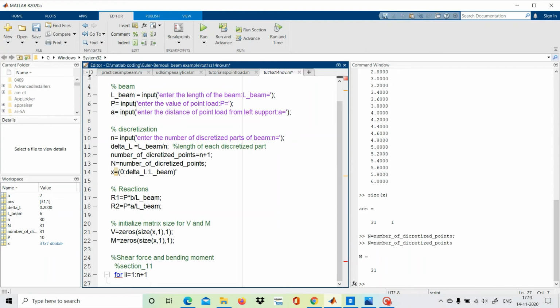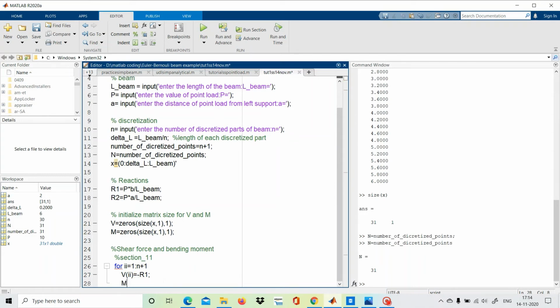So for ii equals 1 to n plus 1, what was the shear force? So V of ii. Why are we writing V of ii? Because when the loop takes the first value, it will consider V of 1, ii equals 1, so it would go to the first value of the matrix V and feed the data. V of ii is equal to minus R1, so it is the first value.